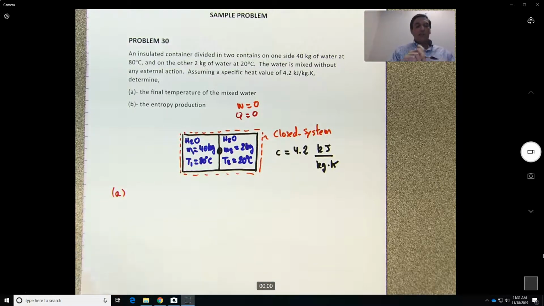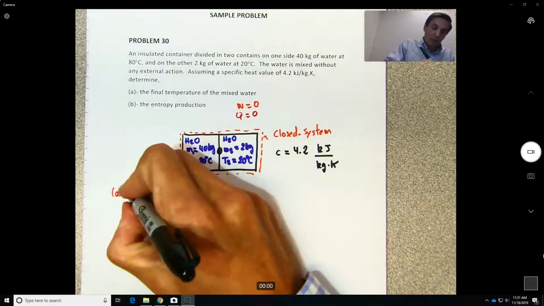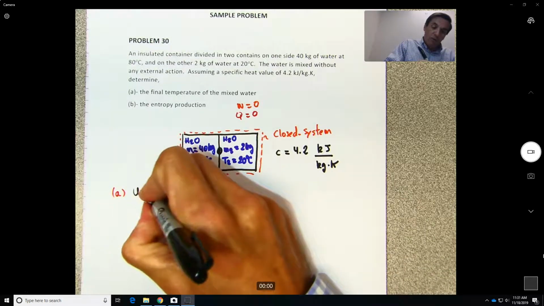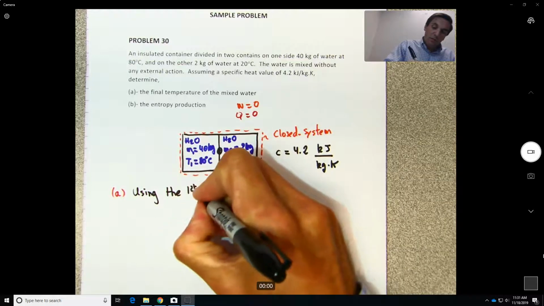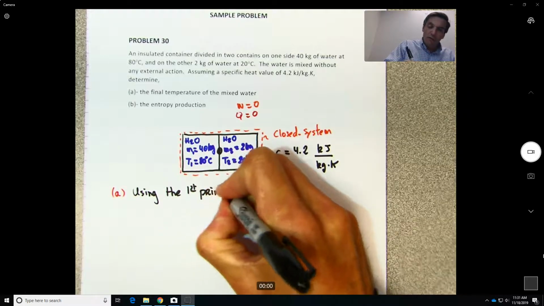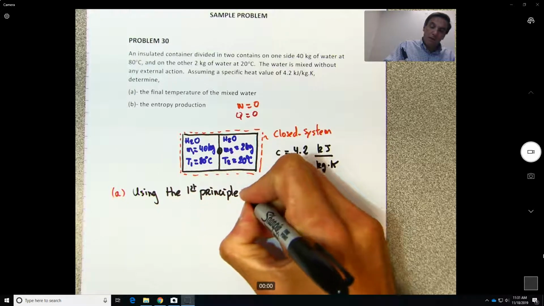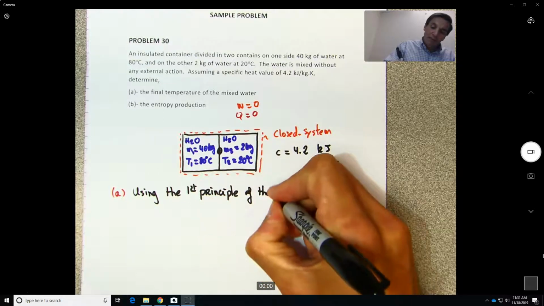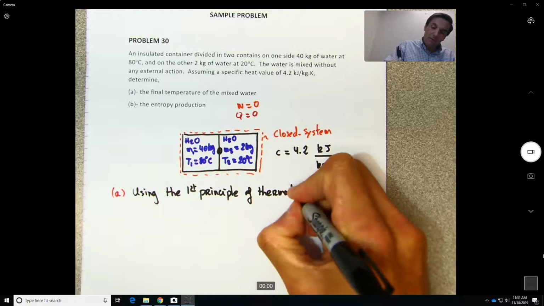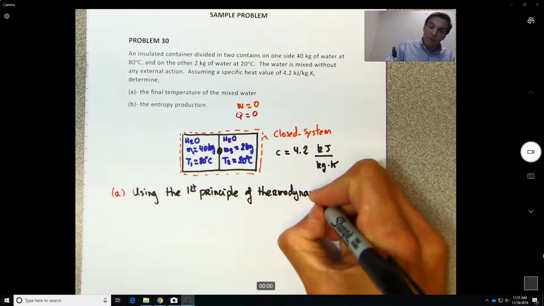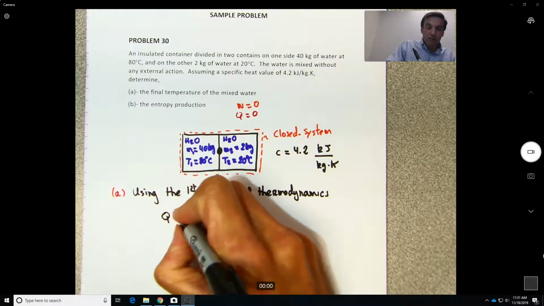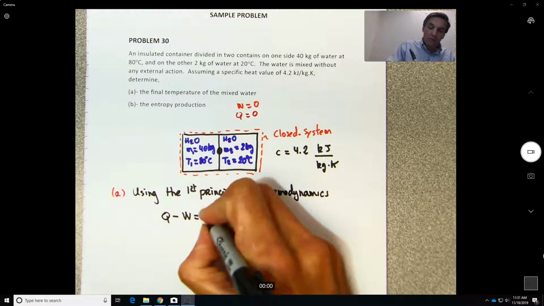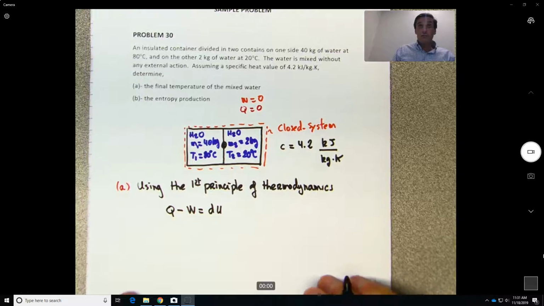So in order to find part A, it's not that complicated. The only thing we need to do is use the first principle of thermodynamics, ignoring kinetic and potential energy. This will give us dU.